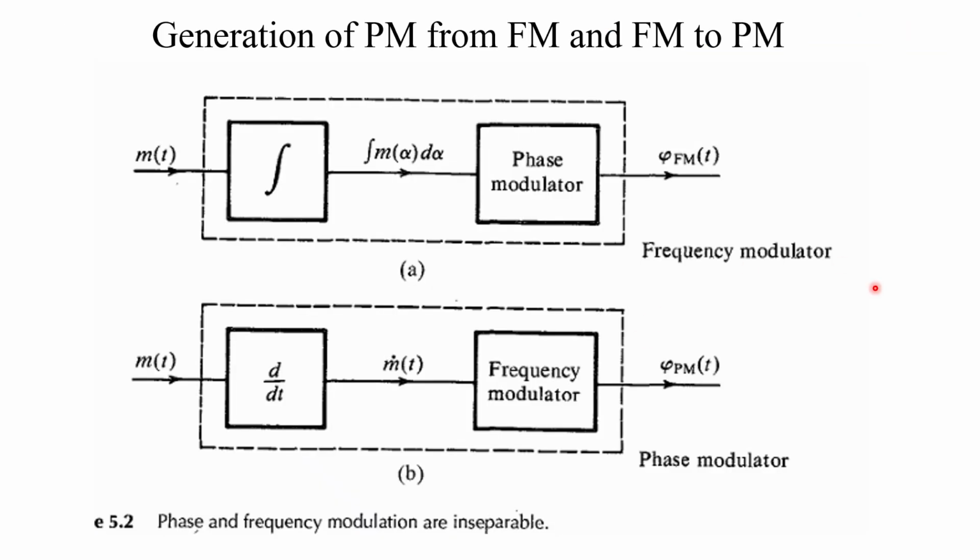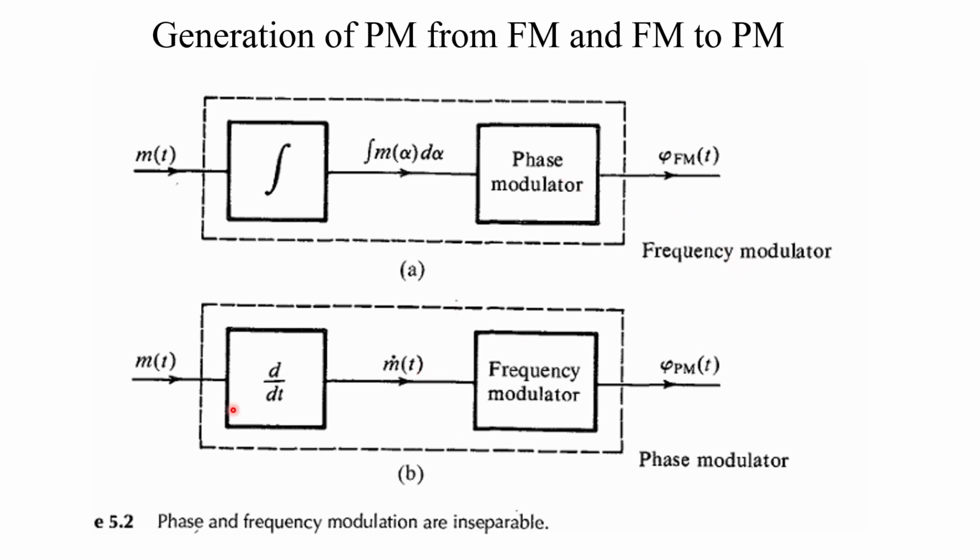Okay, so now how can we generate phase modulation from frequency modulation, that is FM to PM? Here we have mt and then integration. If you remember the past slide, it is very easy: the message signal mt, integrated, gives the frequency modulated signal. So what is the difference? If you integrate mt and then apply phase modulation, it becomes FM.